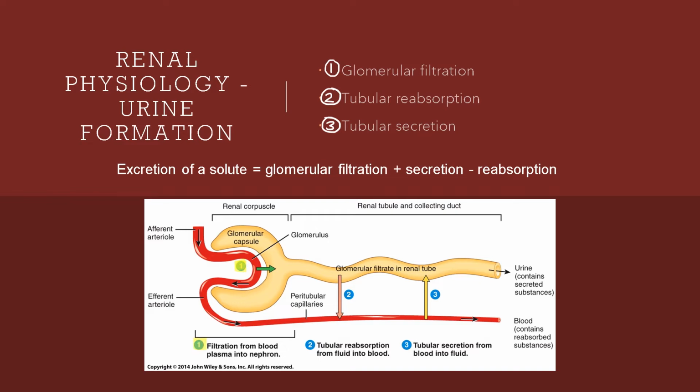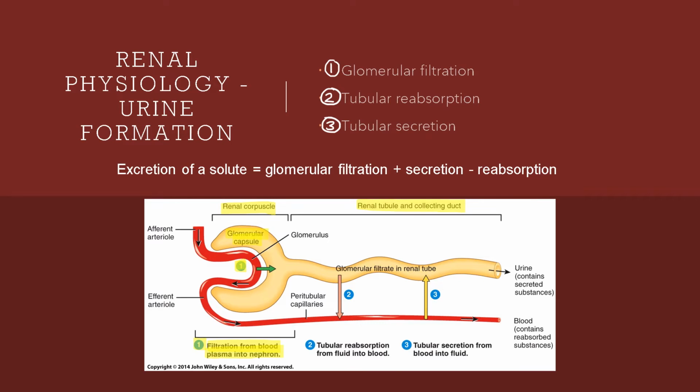This is where water and most of the solutes in blood plasma will move across the wall of the glomerular capillaries, where they are filtered and then move into the glomerular capsule. They are then going to move into the renal tubule. So here we have the renal corpuscle and then the renal tubule and the collecting duct later. So this glomerular filtration is going to be step 1.